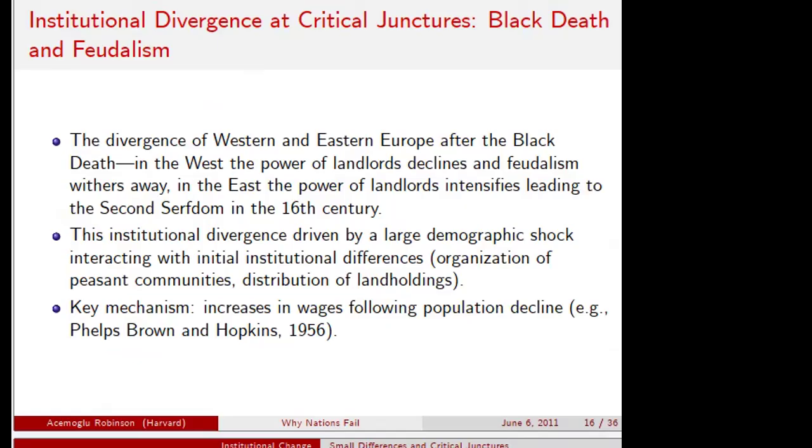After the Black Death, landlords actually tightened their control over peasants. They pushed through laws that tied peasants to the land more formally. They restricted their movements. They increased their labor obligations.